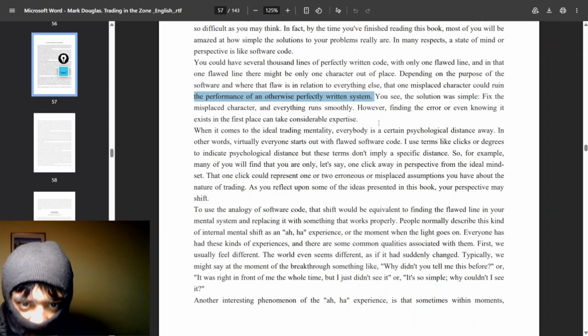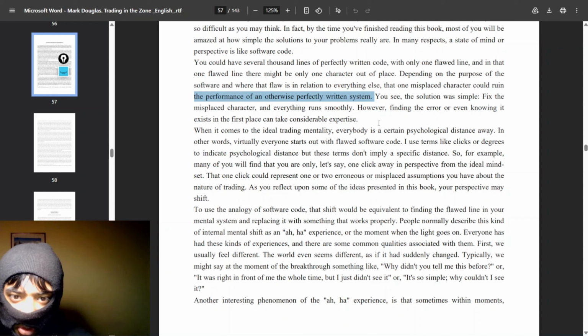It was reminding us of what we were taught in chapter 3. It's good, Trading in the Zone is such an interesting book. If you want to read it yourself, you can search for Trading in the Zone by Mark Douglas free PDF and find it easily. Let's start.